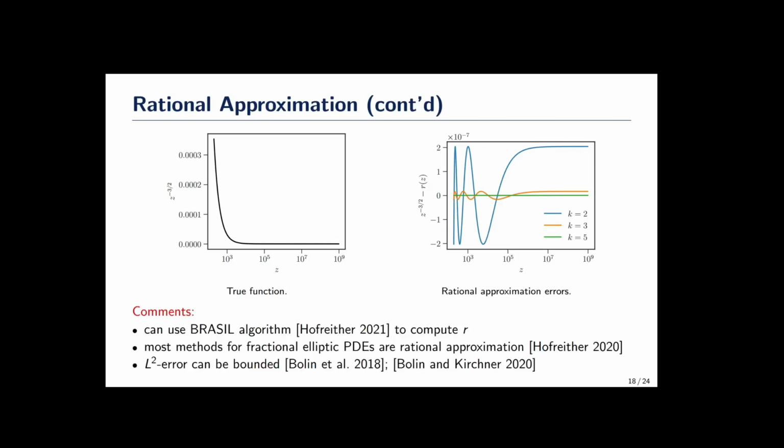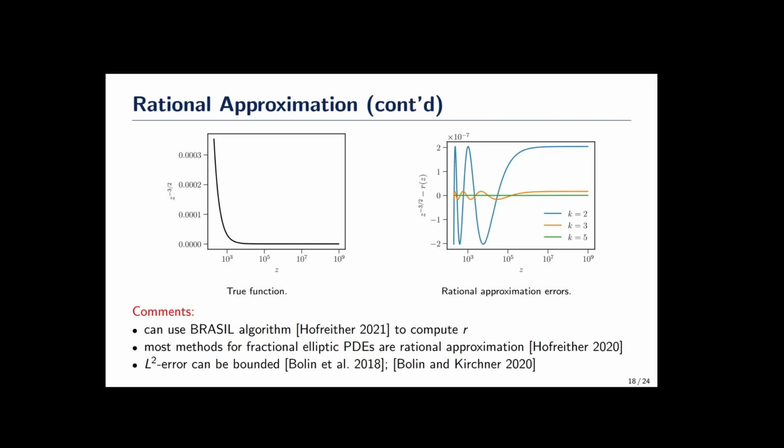There is a very nice algorithm, luckily online, that we can use to compute this rational function. It can also be shown that most methods for solving fractional PDEs are in fact rational approximations, so there's not too much worry that one misses out by not keeping track of the whole literature of the field.